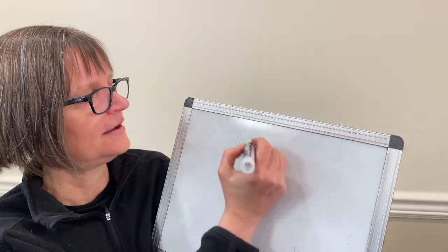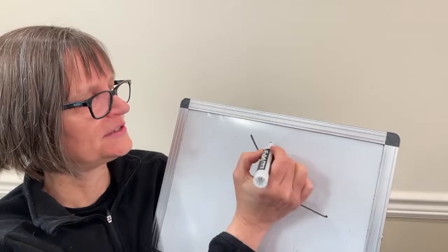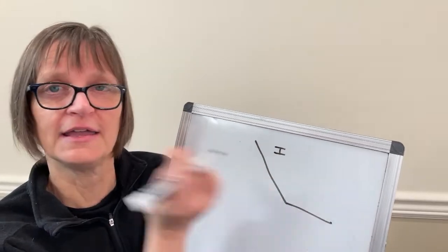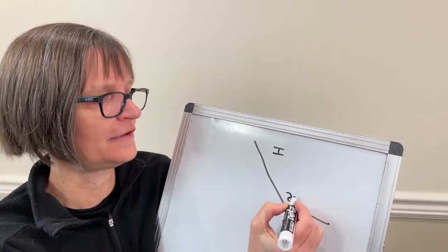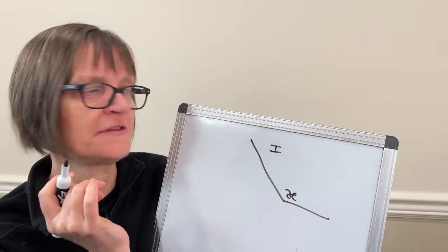Okay, we have a question about think and thank. So for think versus thank, let's look at the vowel placement. So we have the I is high and in the front, and the A of thank is more open and in the front.